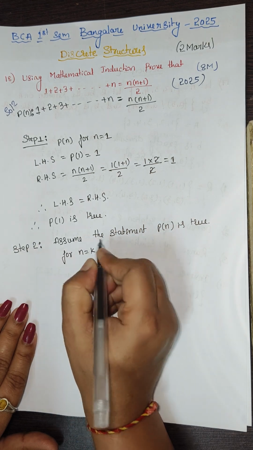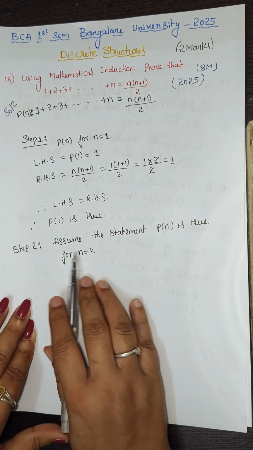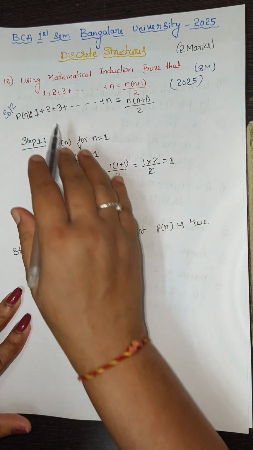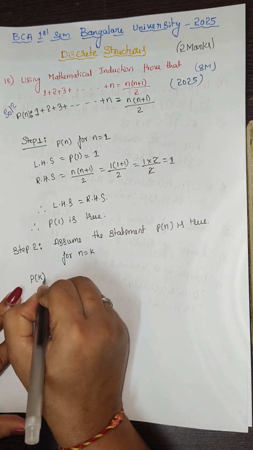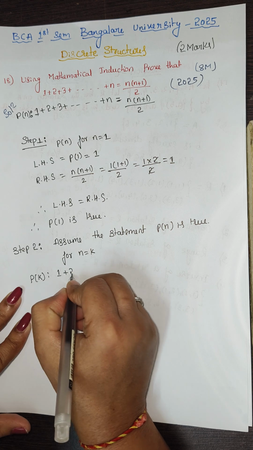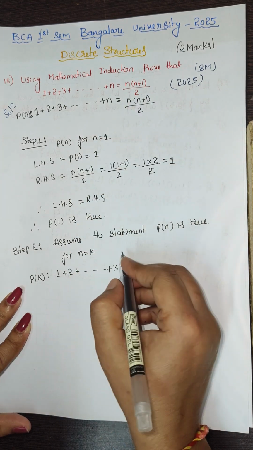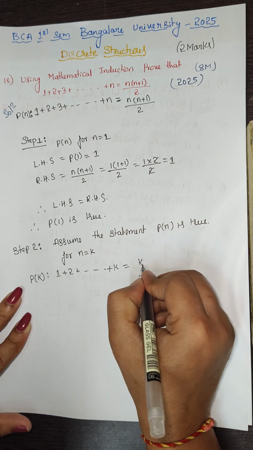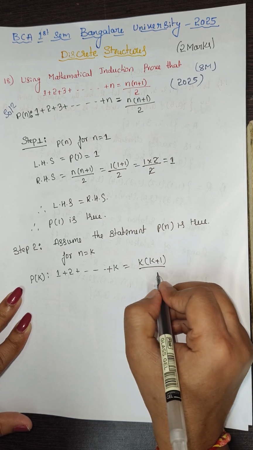We are just changing the variable here, n equals to k. That's the reason we just need to assume this one. The statement is P of k equals 1 plus 2 plus ... plus k, and n changes to k, so the right hand side is k into k plus 1 divided by 2.